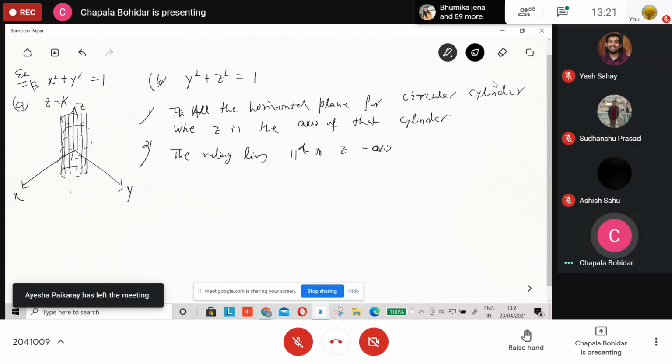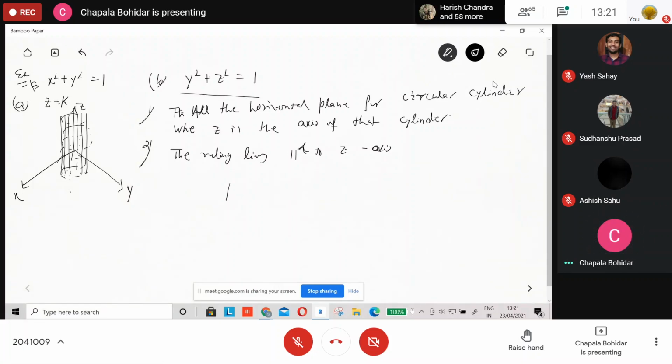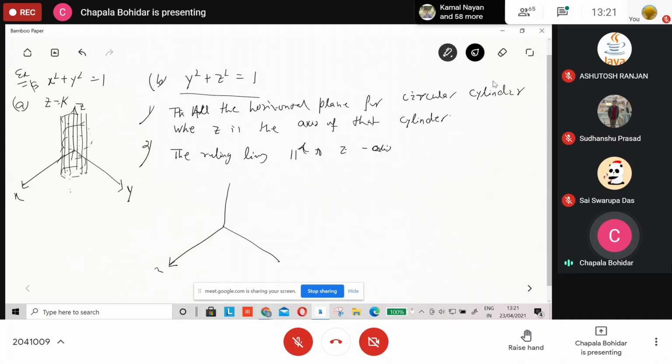Now you do this one. Which axis is missing here? X-axis. Yes, x-axis. It is x, y, and z.